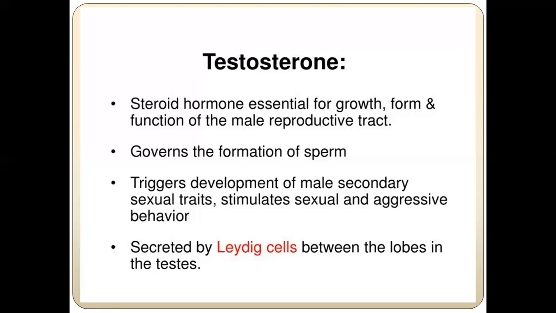And we talk here about secondary characters, but you should know about the primary characters. Primary characters are naturally developed in babies, like the gonads, male or female. Either the baby is a male or the baby is a female. These are the primary characters. But what about the secondary characters? Secondary characters develop after puberty.